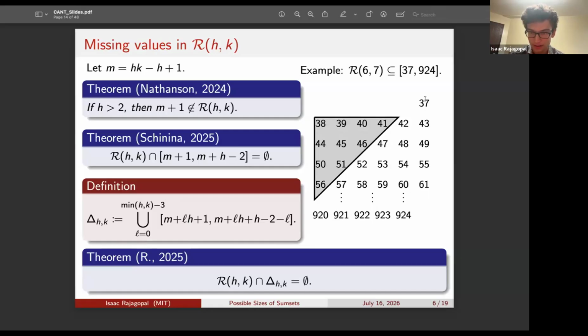And then we sort of draw this triangle in the second row, ignoring the rightmost two columns. Then we draw this triangle, and none of these elements can be in R of h,k. So I guess in this case, it extends Skinina's four missing sizes of sumsets to 10.